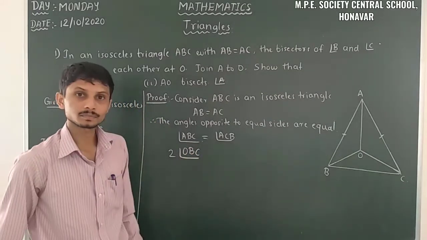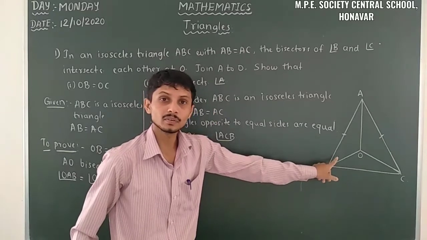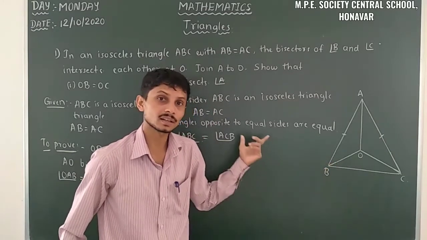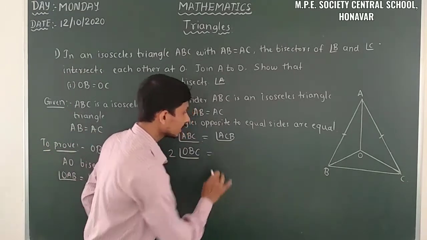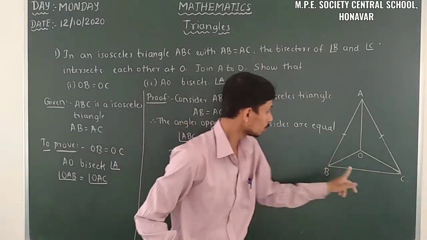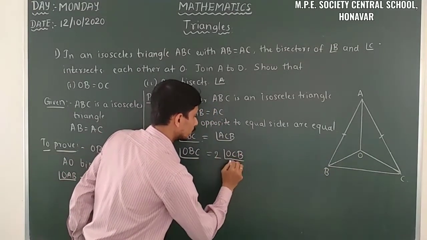So the same measure is here, and that's why we can take the complete angle as 2 into angle OBC. Similarly, we write 2 into angle OCB.